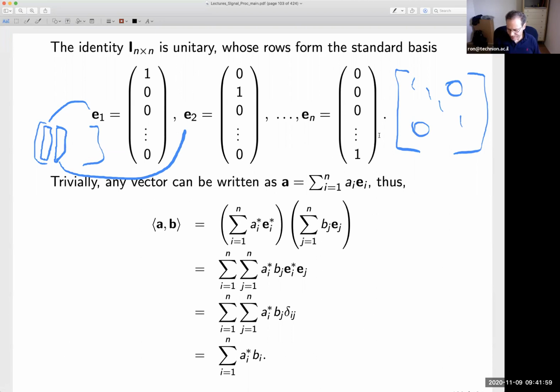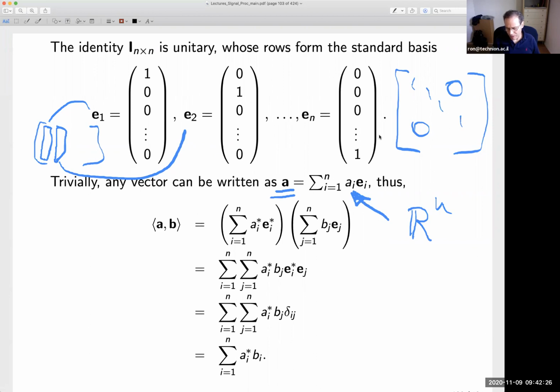And what I can do is write each and every vector as a linear combination of the identity matrix columns. Why? Because the identity matrix spans the whole set of n-dimensional space, R^n. So any vector in R^n can be spanned by projecting onto these E_i's.